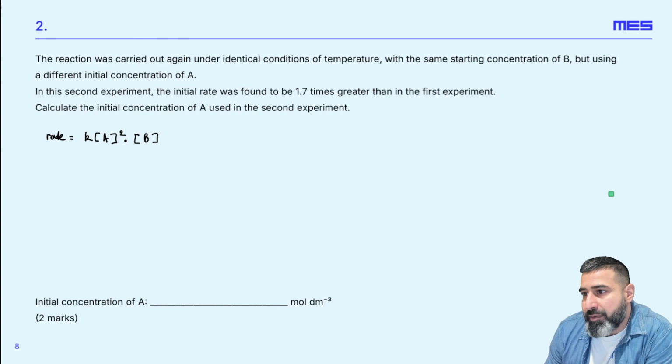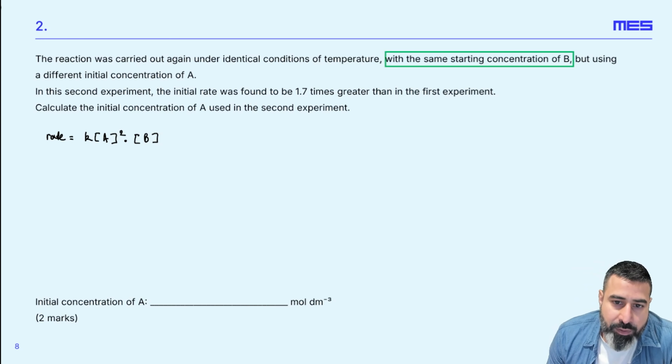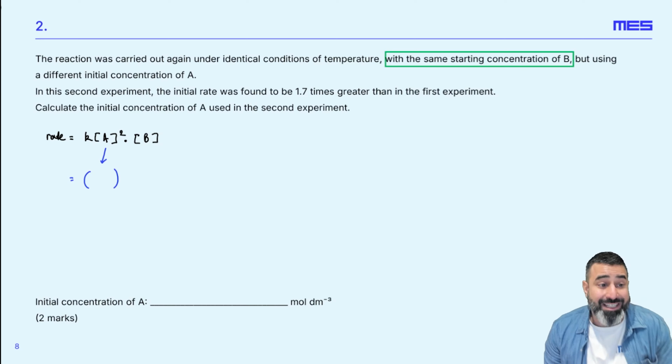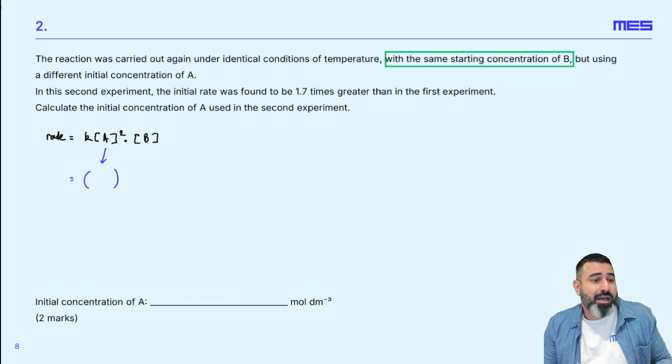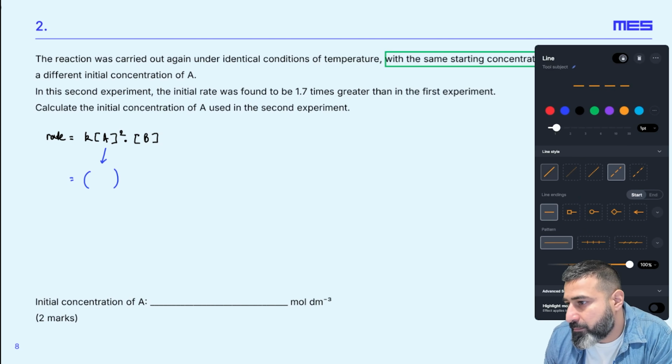Now, same temperature and same starting concentration of B. So what we can do is ignore the k for a second. Just ignore the k. So there is my concentration of A, and the change that I'm making to that concentration of A, what factor I'm changing that concentration by, okay?